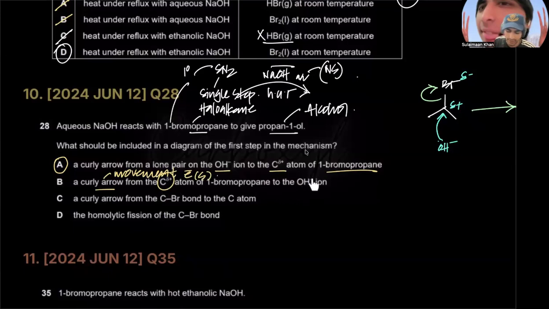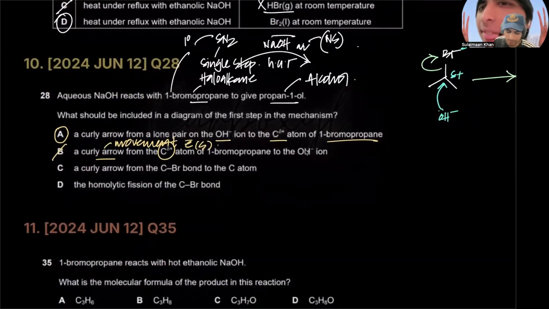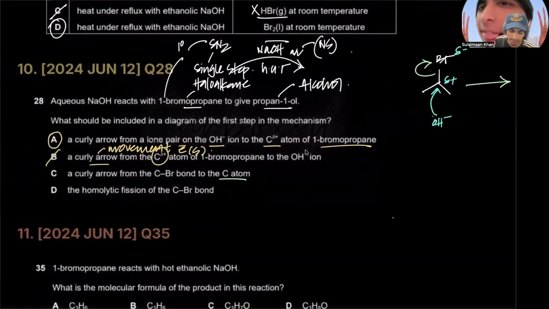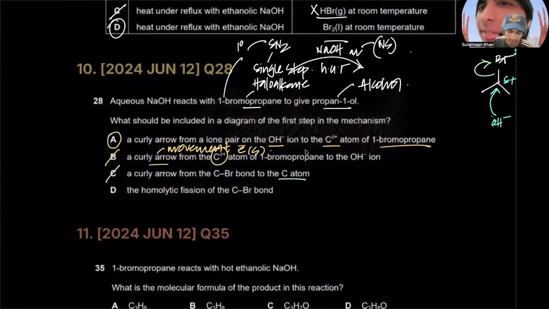It moves from the hydroxide ion, which is the nucleophile, to this carbon. So B is incorrect. C, a curly arrow from the CBr bond goes to the C atom. No, it goes to the Br atom, right here. Heterolytic fission takes place, not homolytic fission. Where is the correct option?